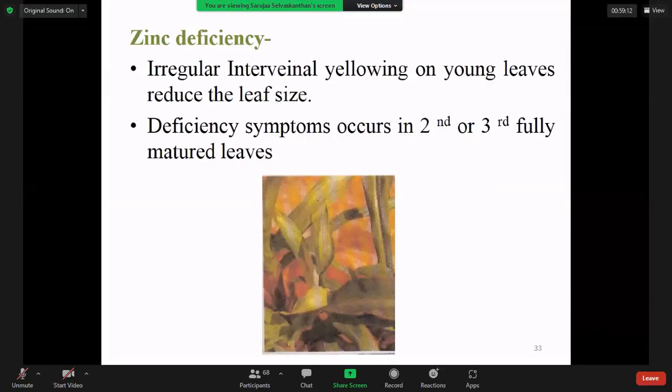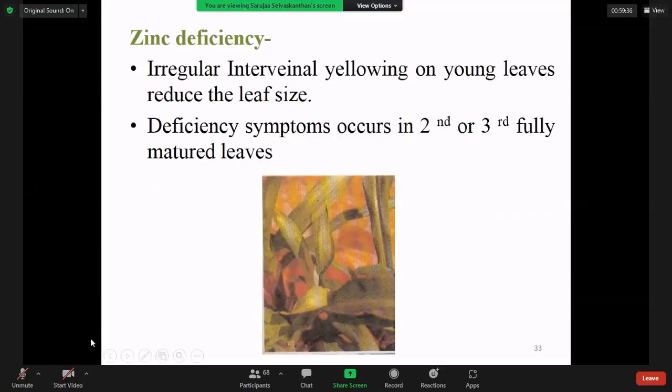Are you clear why we go for the second and third leaves?